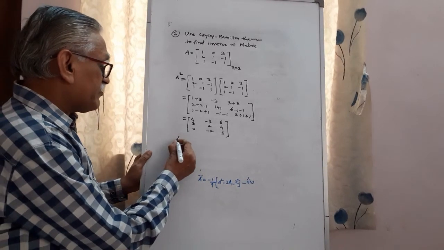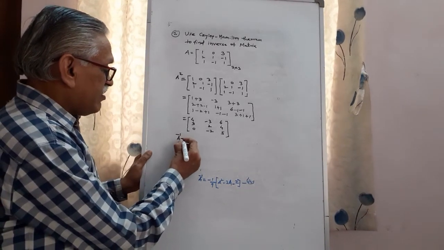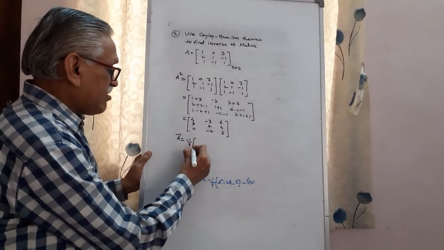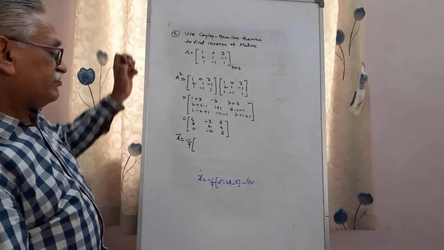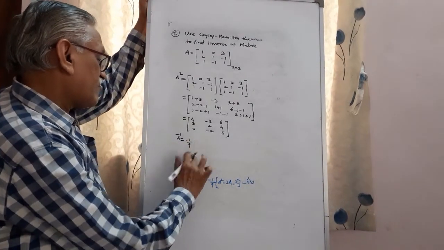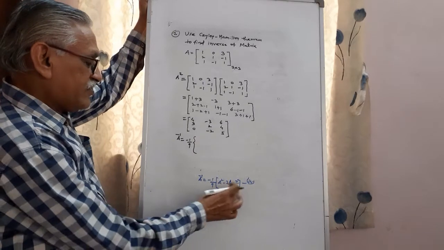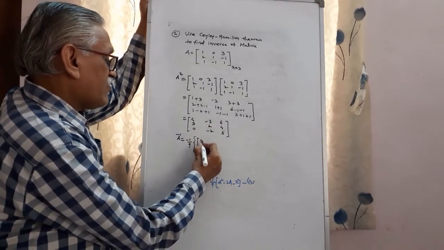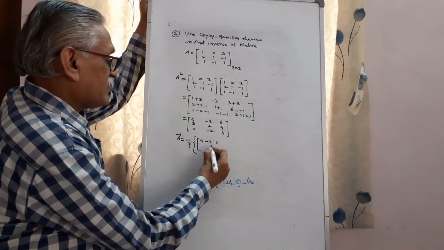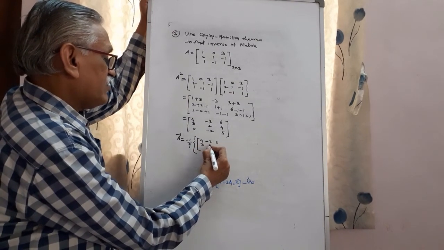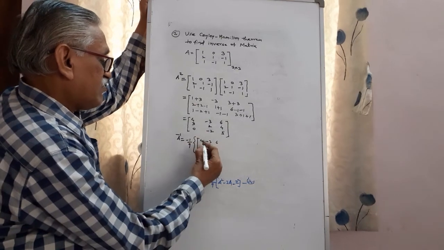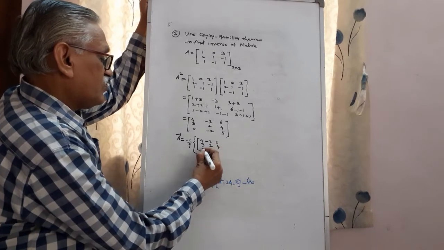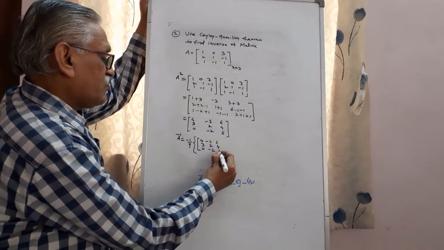Equation 4 becomes A inverse is equal to minus 1 by 9 times the sum of all this. A square matrix is 4, minus 3, 6, 3, 2, 4, 0, minus 2, 5.